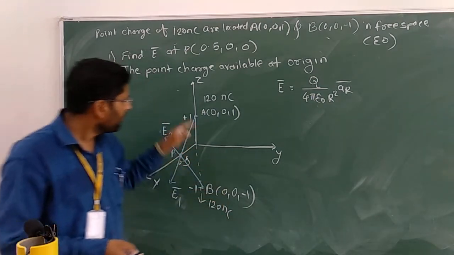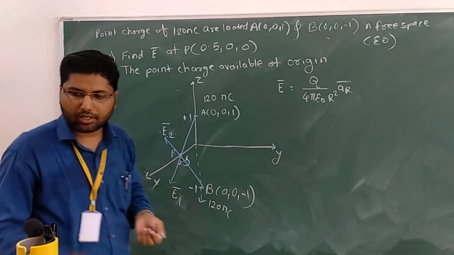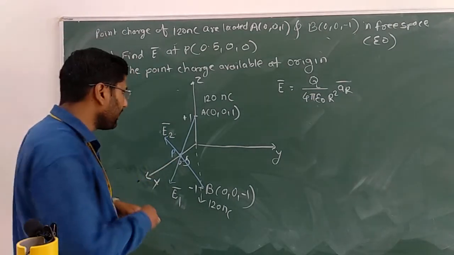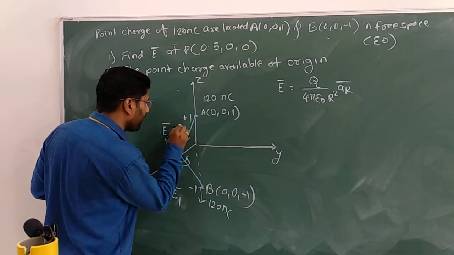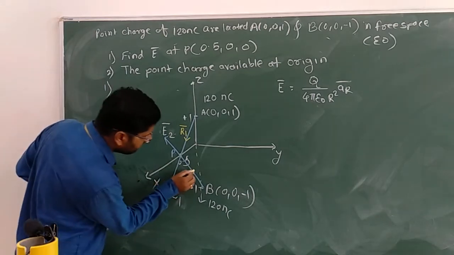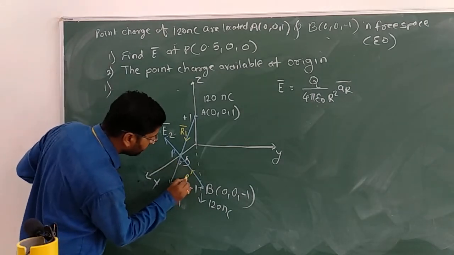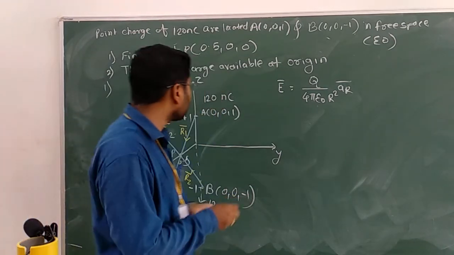Direction will be from this A point towards this P point. So I am drawing the direction here. See carefully. I will say this is R1 bar, and this towards point P is R2 bar.